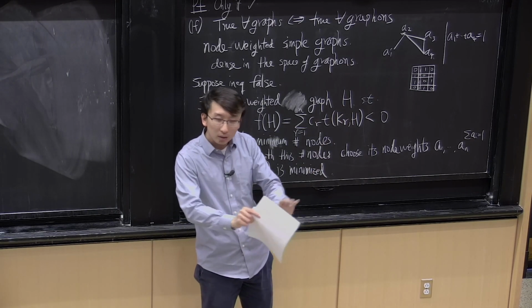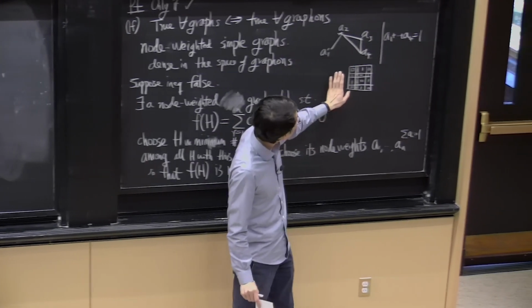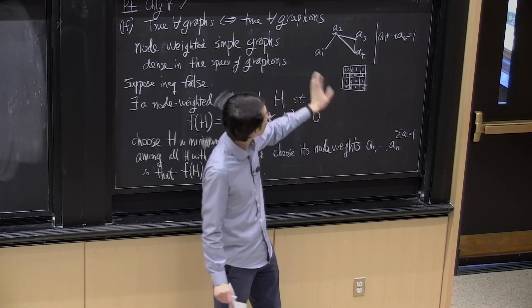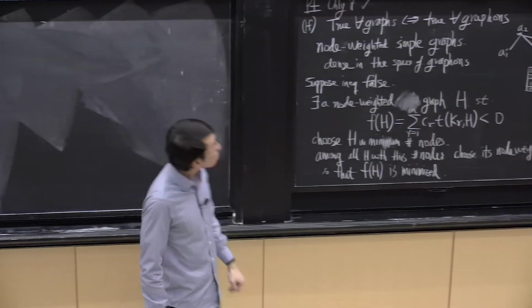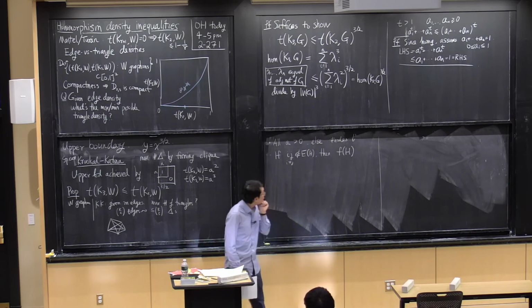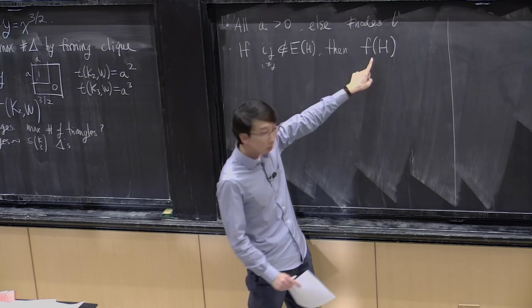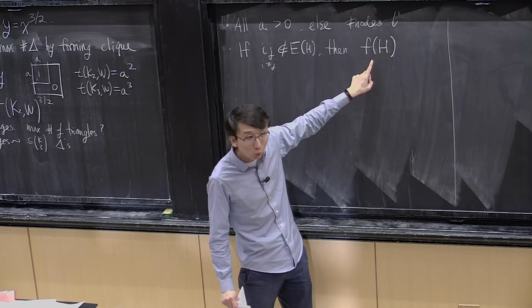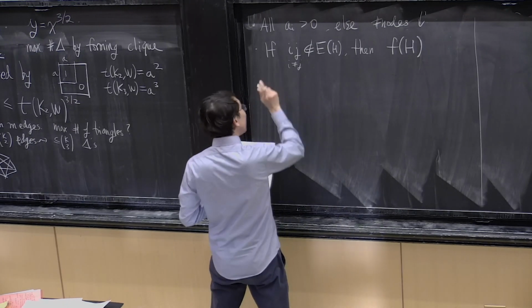It's some polynomial in these node weights. I want to understand what is the shape of this polynomial as a function of the node weights, and observe that it has to be multilinear.